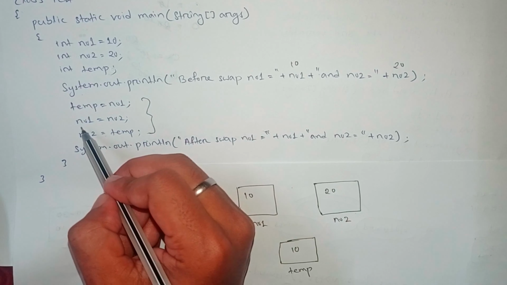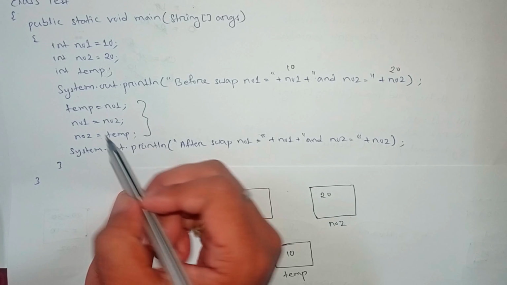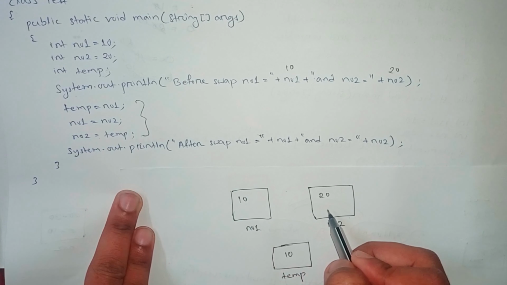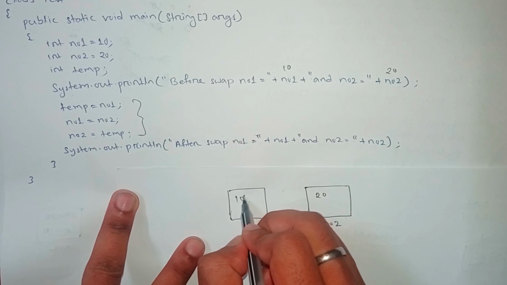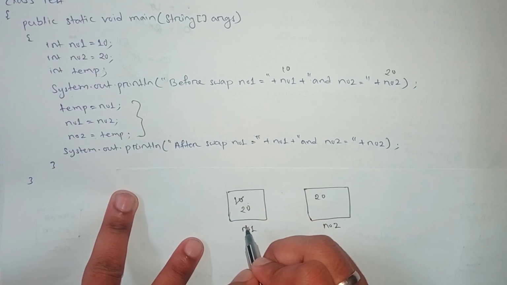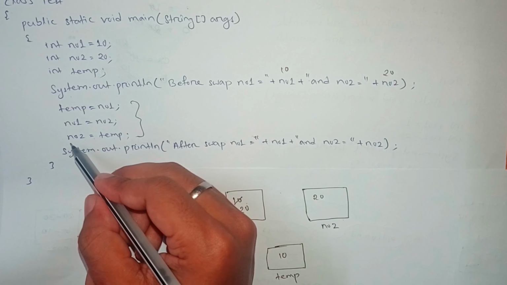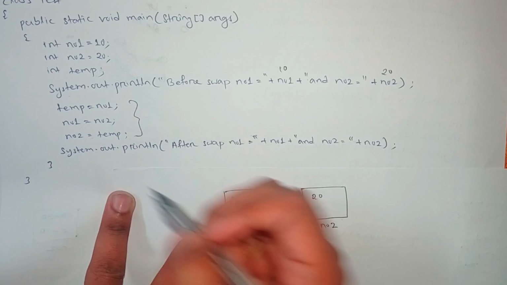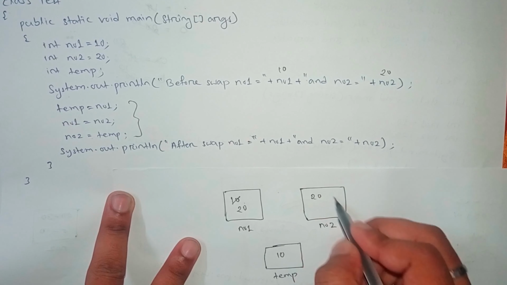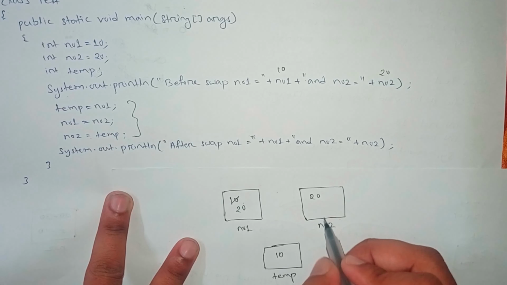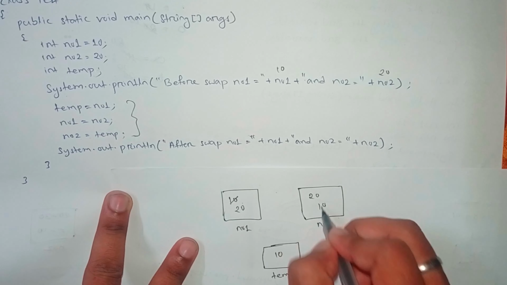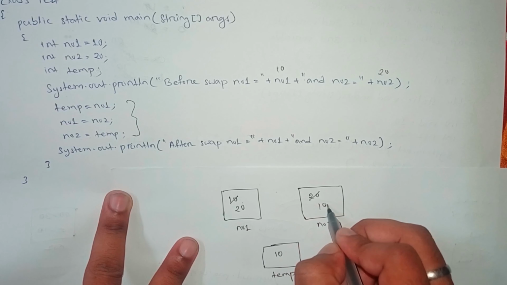Next, number 1 equal to number 2. So the number 2 value comes here and it will be assigned 20. Third line says number 2 equal to temp. So the temp value comes here, which means 10 comes here and number 2 is assigned 10.